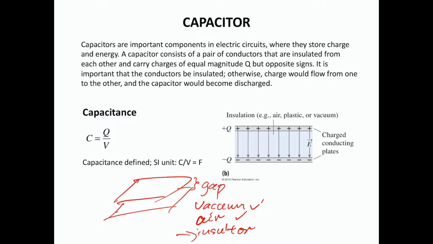Because this is metal, you can connect it with a battery source. In reality, the electrons will start from the negative side all the way here. So the negative plate will start accumulating electrons.